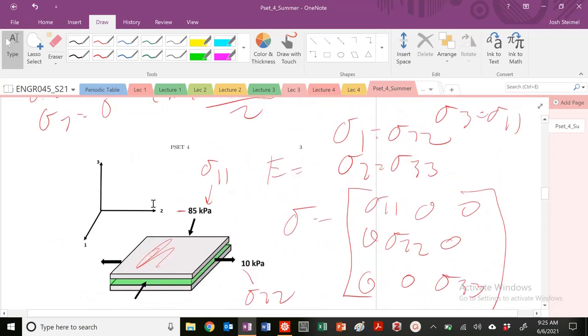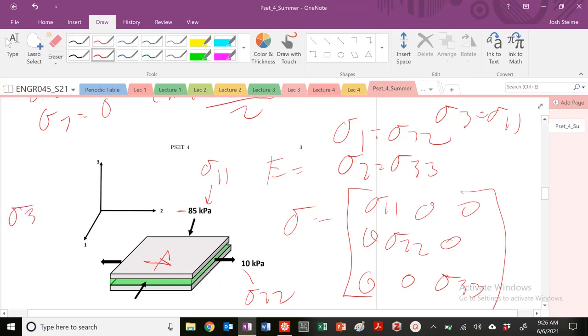Looking at this problem, if I did not have any lubrication, I might have friction between these 2 surfaces. So I could have a stress going in this direction, and a stress going in this direction as well. These stresses, their normal would be sigma 3, but they're going in the 1 and 2 directions.